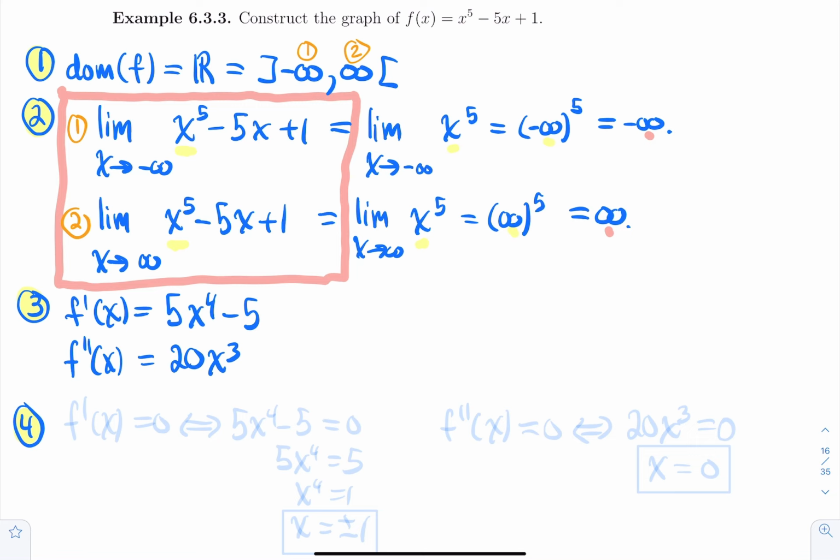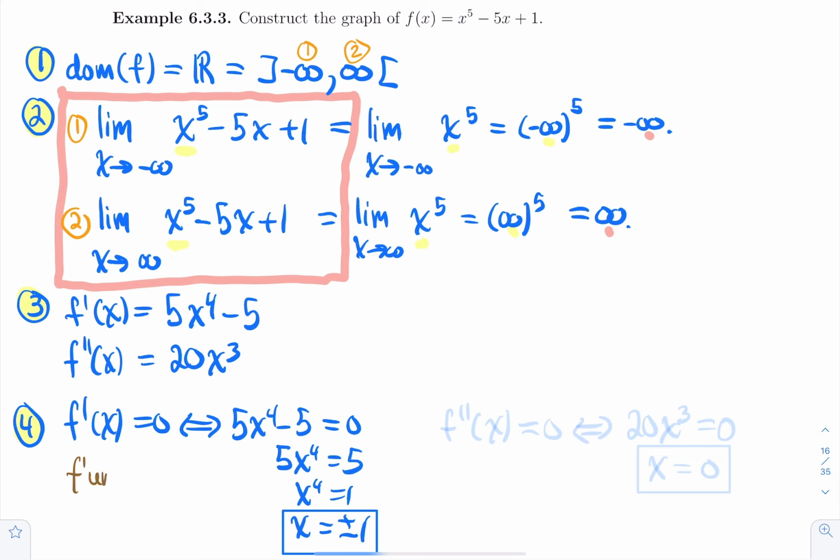Okay, so step 4, we need to find critical points for f and f prime. For critical points of f, you're going to use f prime. Normally you think about, is it possible that f prime is undefined?